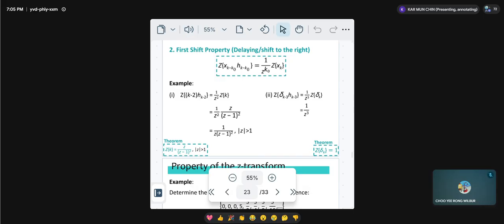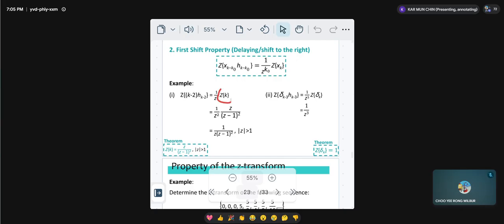Given this, k minus 2, h(k minus 2). It will be equivalent to 1 over z to the power of k0, so k0 is 2 here. This is just like when you're doing the Laplace transform, remember? You have t, and then you convert to t minus a. In this case, k you convert to k minus your number.